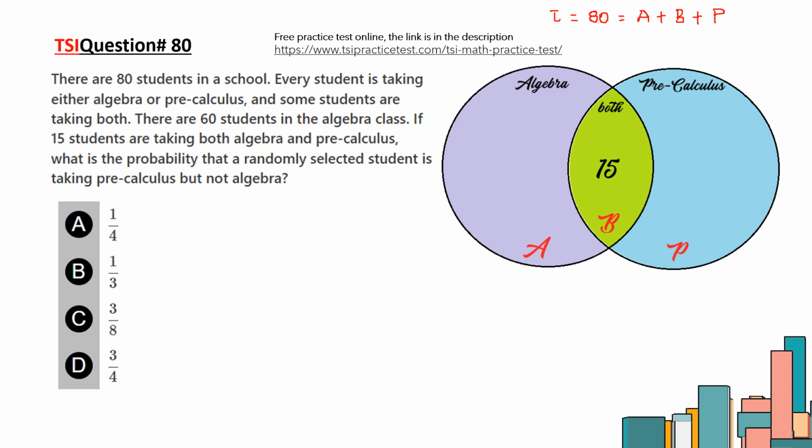Because we have the intersection, the algebra class has 60 students, but 15 of them also take pre-calculus. So the 60 students is section A plus section B, because that is the algebra class.